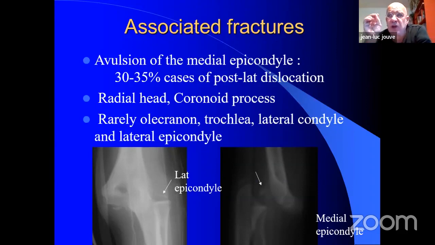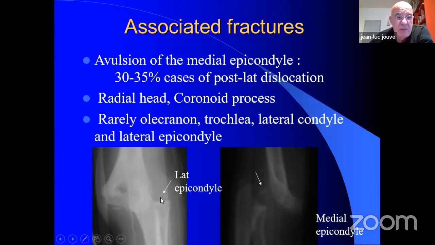So you have to check very carefully on the X-ray if there is a medial epicondyle incarcerated in the joint. But also you can have a radial head or coronoid process fracture associated with luxation, more rarely olecranon, trochlea or lateral condyle.